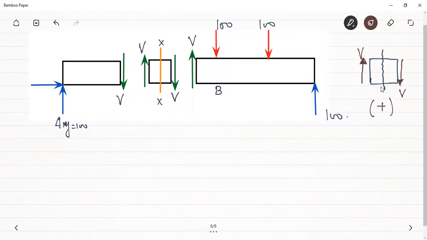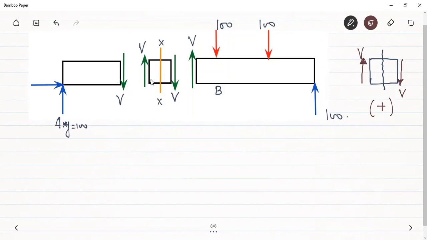Take a section first, take some portion of the left hand side and the right hand side. Therefore, you will get an element here. And if on that element the shear force is in the upward direction from the left hand side and in the downward direction from the right hand side, then this convention is taken to be positive. And we got the same result here, isn't it?